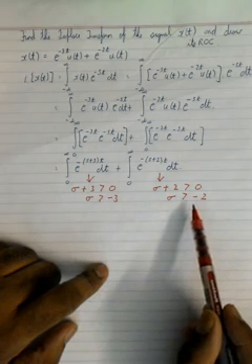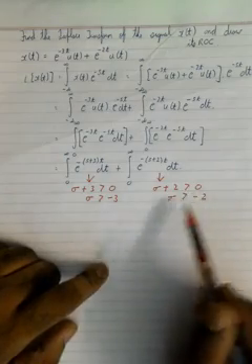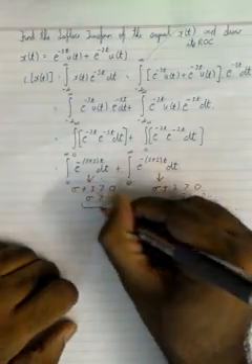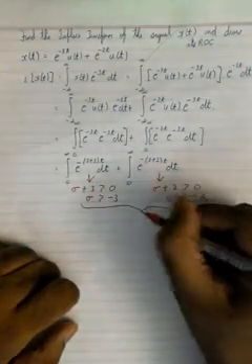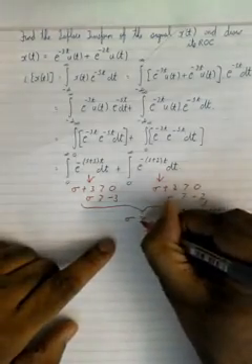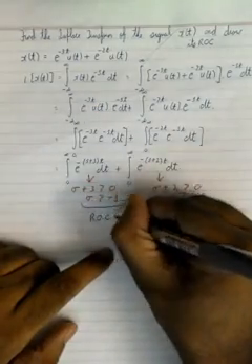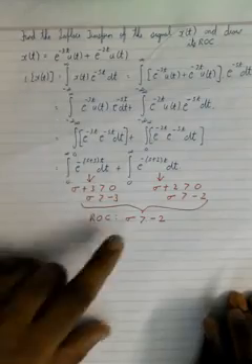You see? So this ROC covers both these conditions, which means my overall region of convergence is sigma greater than -2. This is the region of convergence of the given question.